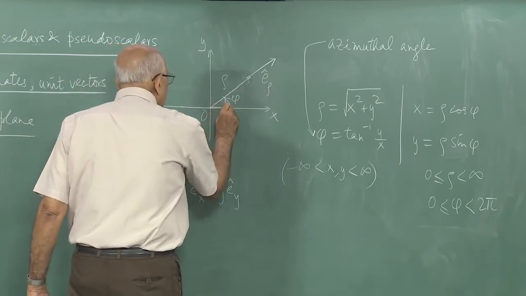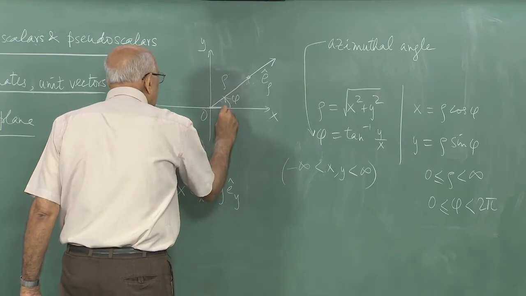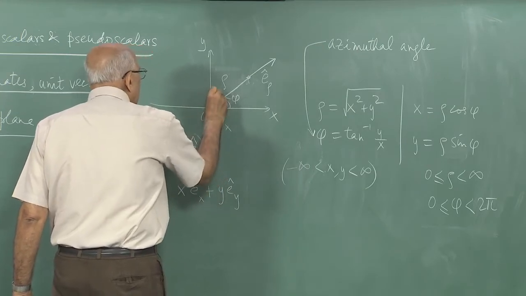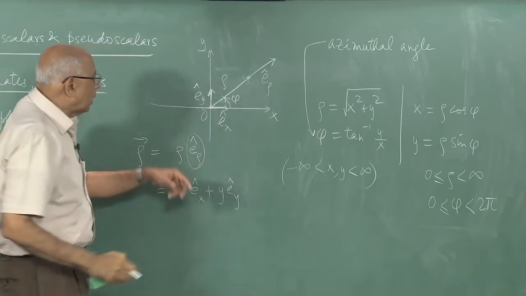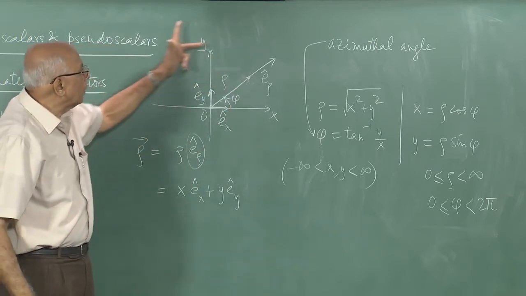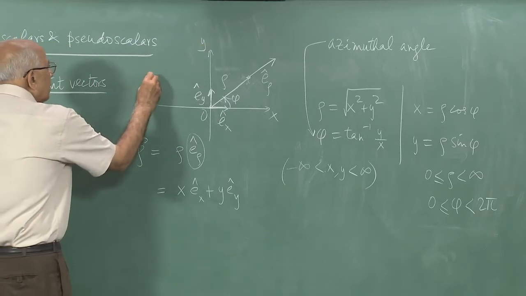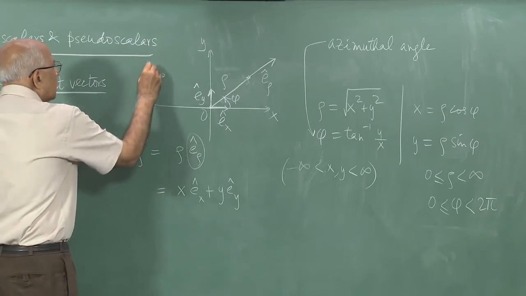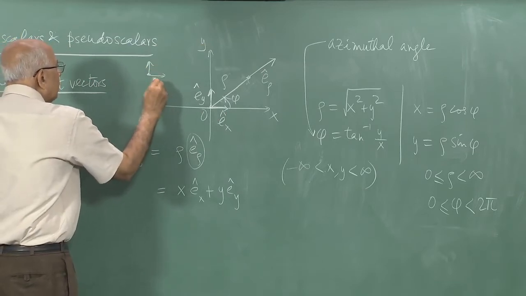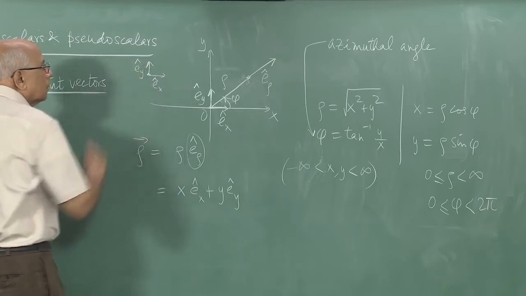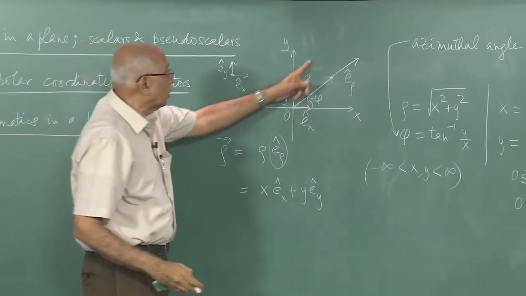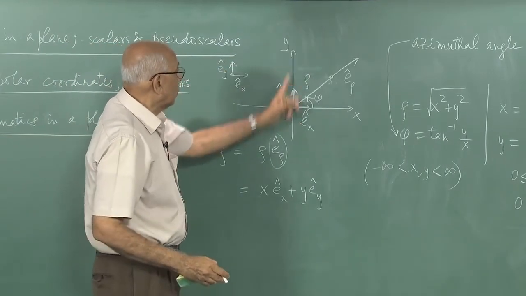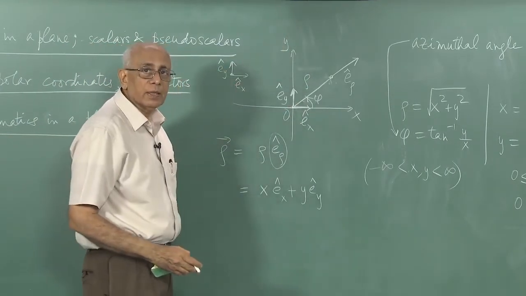This is the unit vector in the x direction, Ex, and that is the unit vector in the y direction, E sub y. And I pointed out that wherever you are in the plane, the unit vectors in the x and y directions remain unchanged, unlike the radial unit vector, which changes. If I go to this point, it points outward like that. If I go here, it points up in this fashion, and so on.